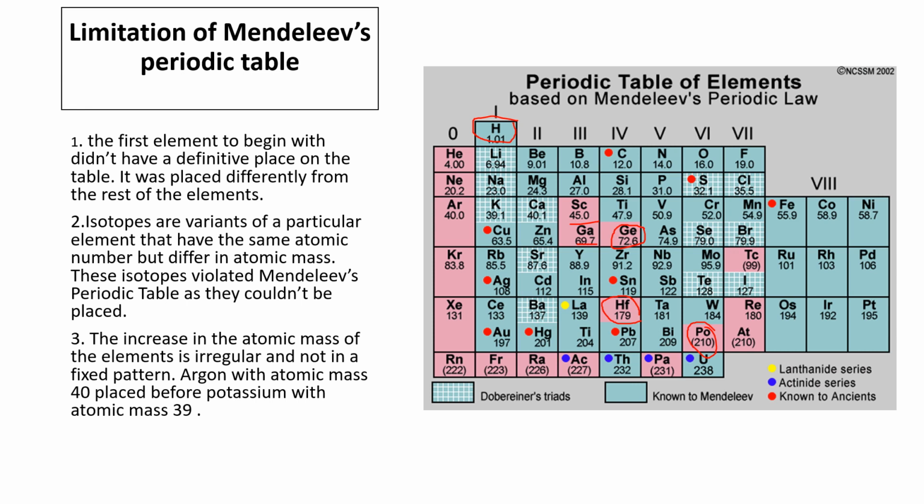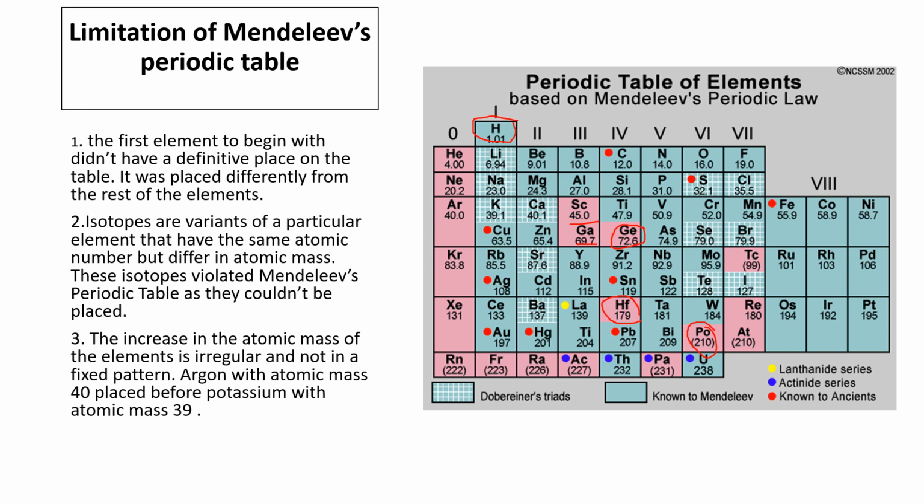Isotopes are variants of a particular element that have the same atomic number but different atomic mass. We know what an isotope is: they have the same atomic number but differ in atomic mass. And these isotopes violated Mendeleev's periodic table as they could not be placed.